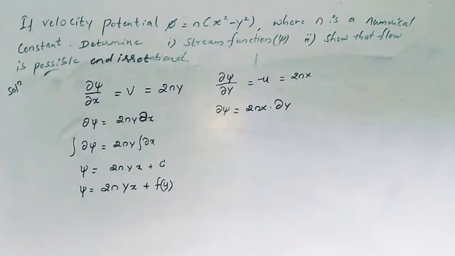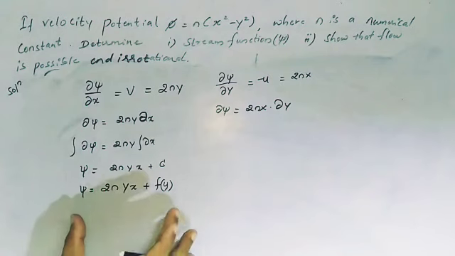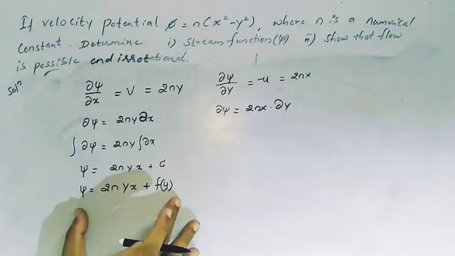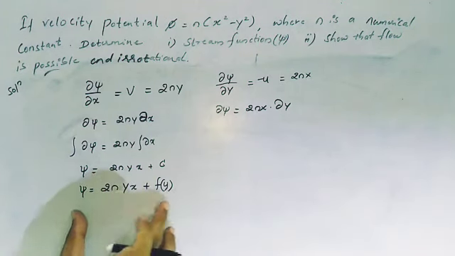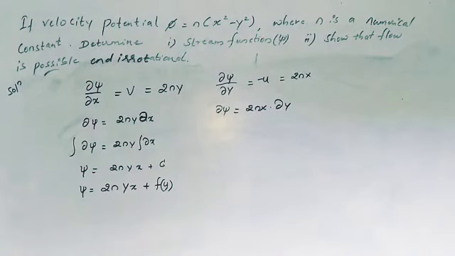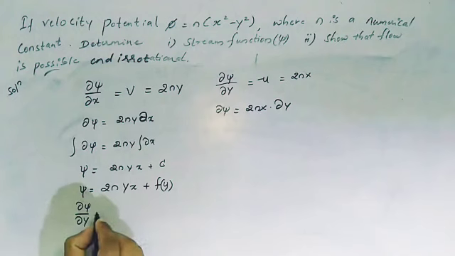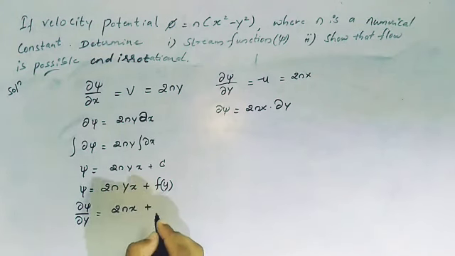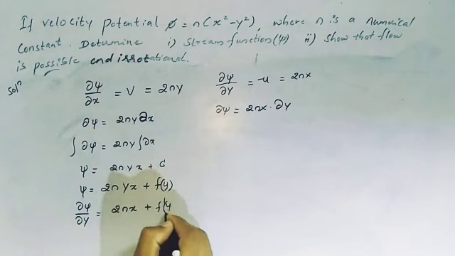Now if I partially differentiate this equation with respect to y, I will get dou psi by dou y equals 2nx plus f dash y.